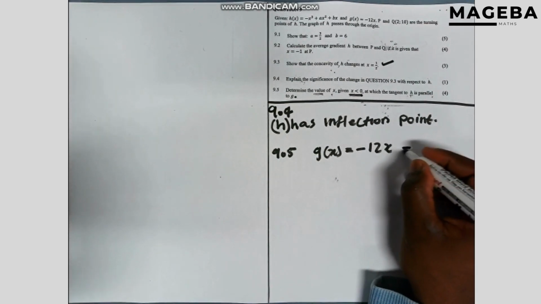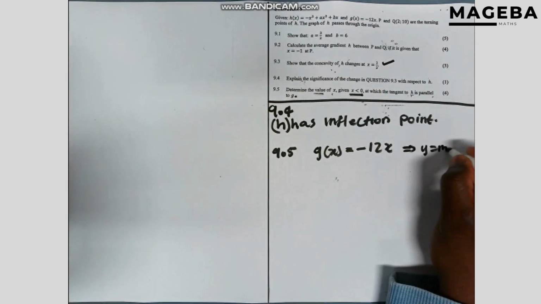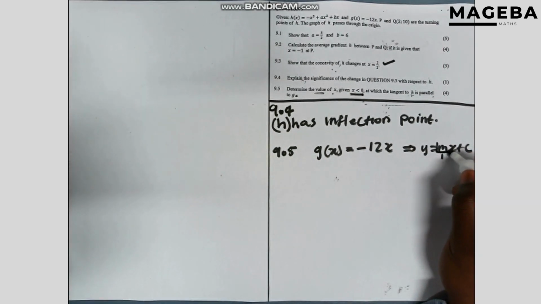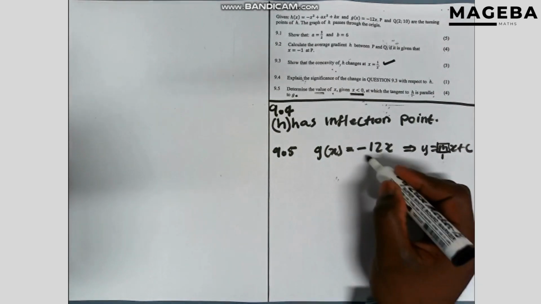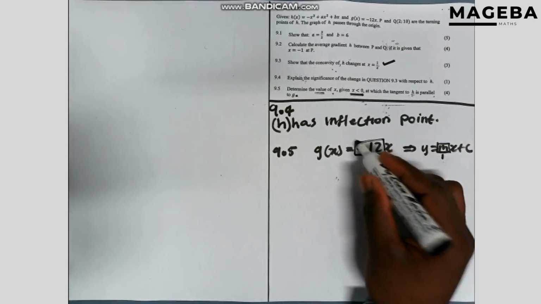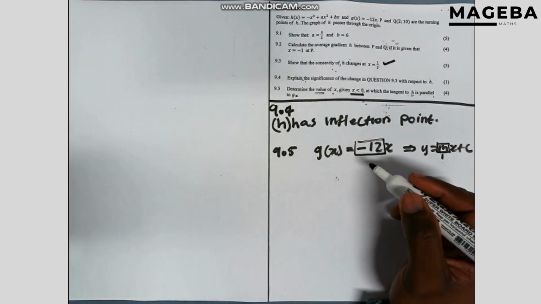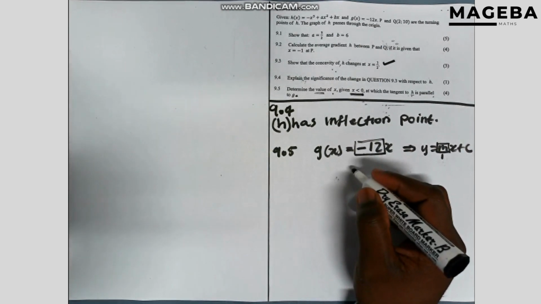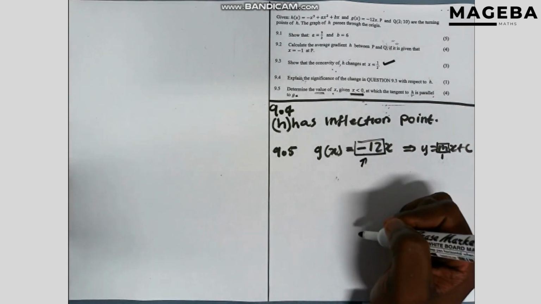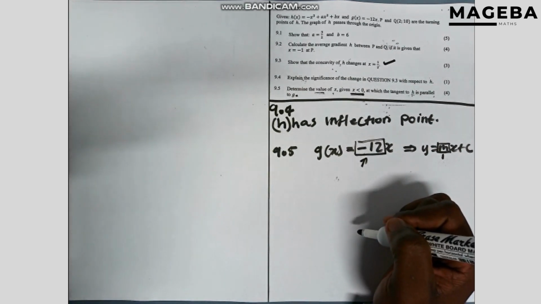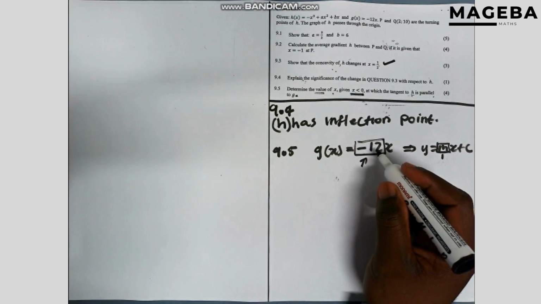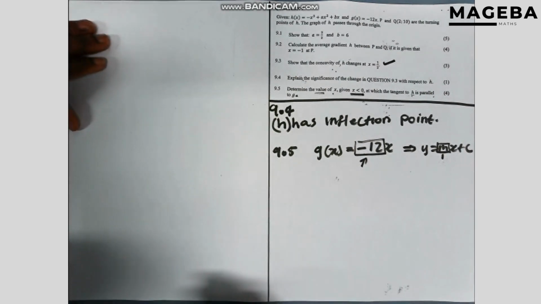The equation of a straight line is just y equals mx plus c. Now this is a gradient. If they are talking about parallel, it's telling us that the gradient of the tangent is going to be equal to the gradient of this straight line, because the lines are parallel.